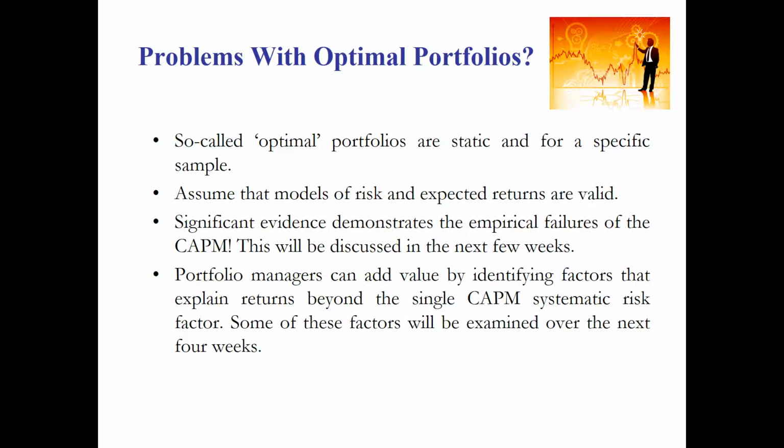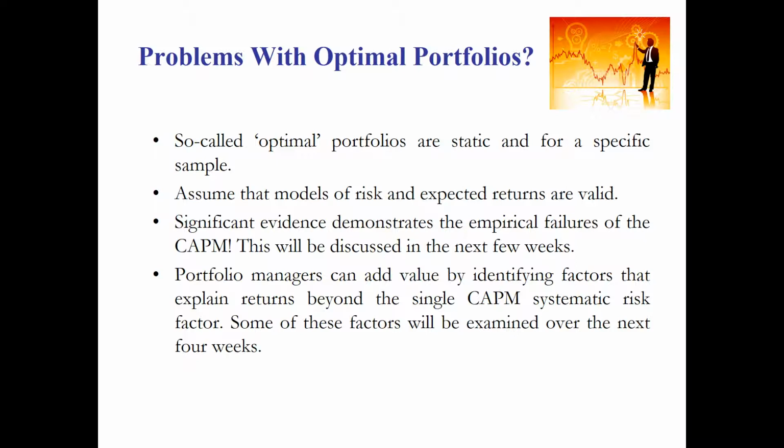Hence, we are at risk of falling into the garbage in, garbage out problem. That is, we can have a model that is valid, but if we are using data that is flawed in terms of estimating that model, well, the output itself will be flawed.